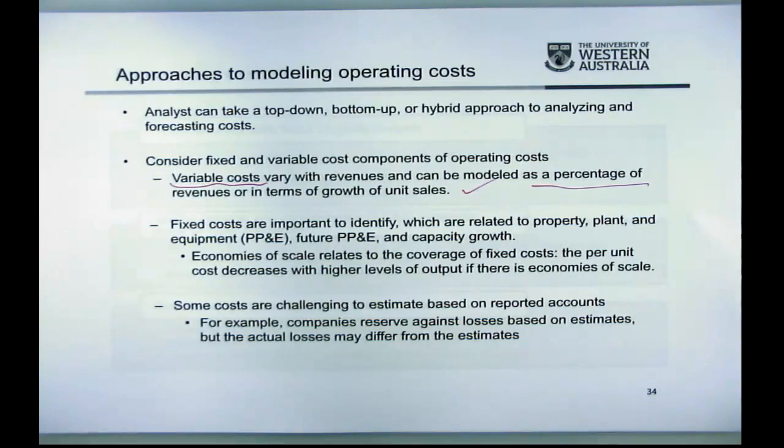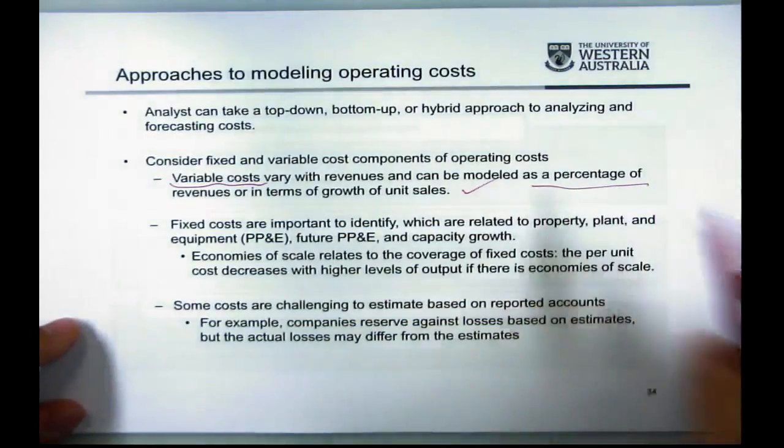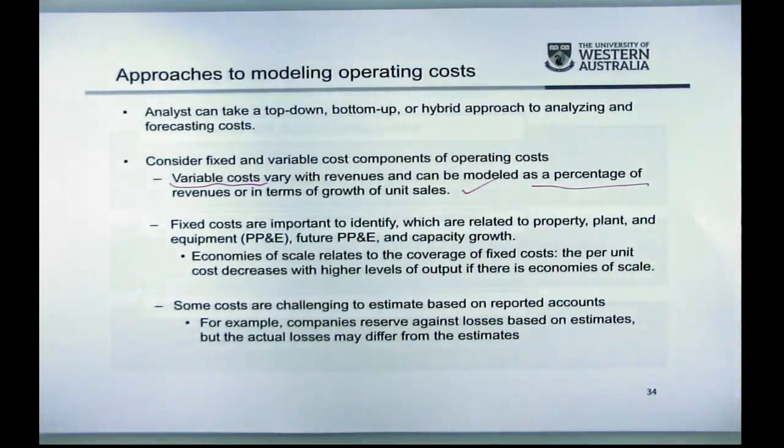If it is 60%, for example, then every year we multiply the expected sales by 60% in order to calculate the variable cost. Okay? Make sense? It is assumed to be a fixed percentage of the revenues.